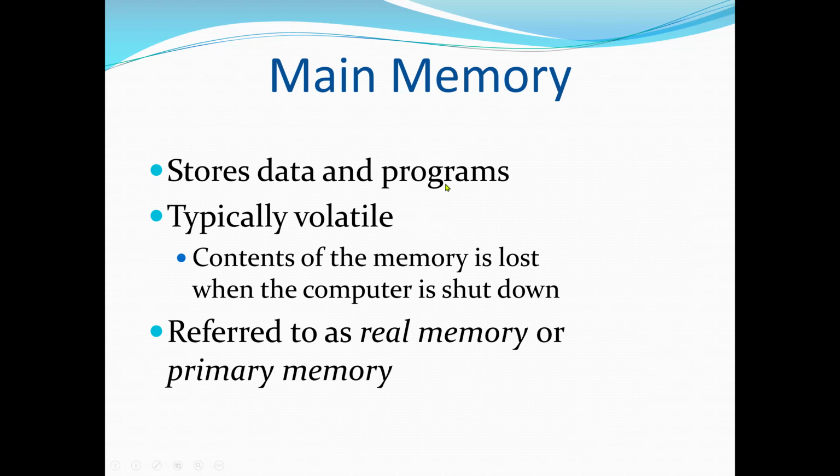At the moment, I'm using PowerPoint slides, and these slides are loaded into my main memory. This memory is typically volatile. Volatile means when the computer is off, all the data in the memory will be lost. So the content of the memory is lost when the computer is shut down. It's also referred to as real memory or the primary memory. That's another term we use.